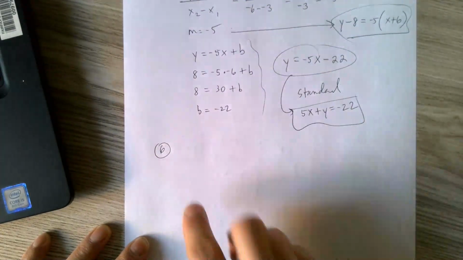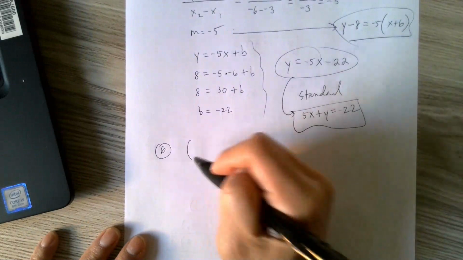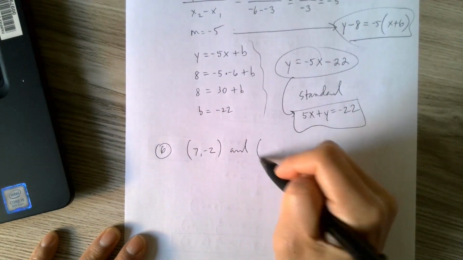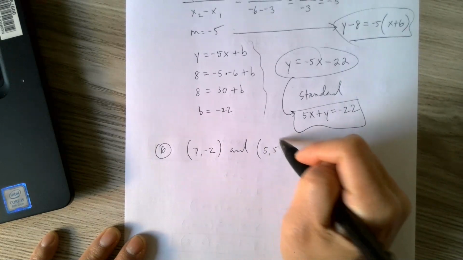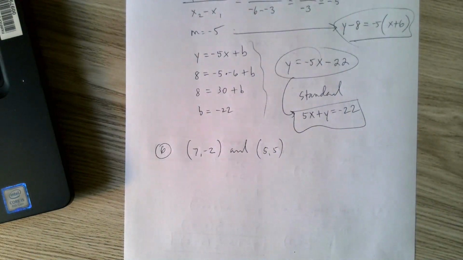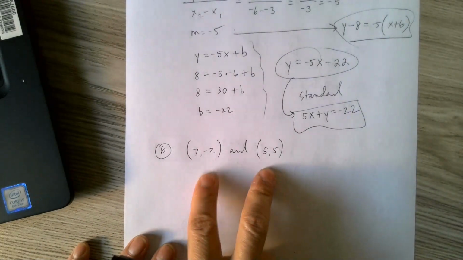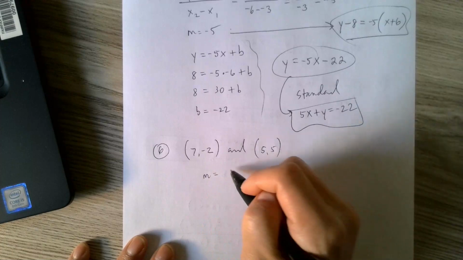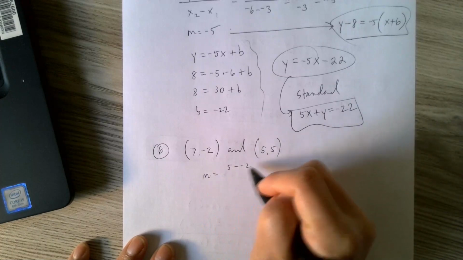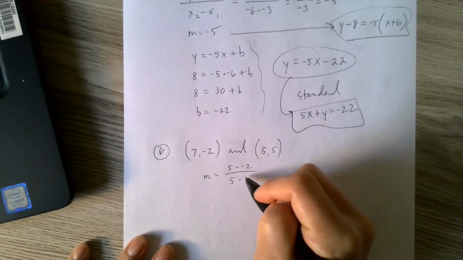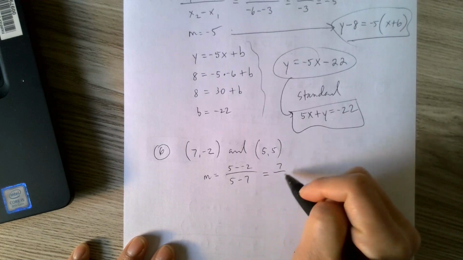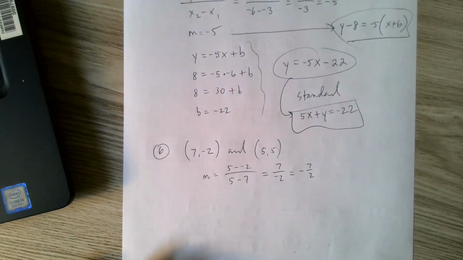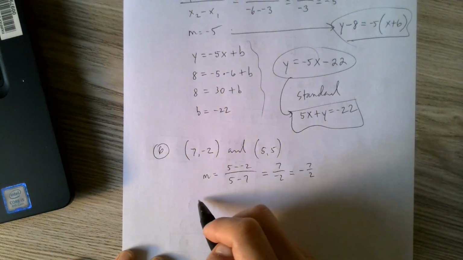Okay, one more example, same type as this, we're going to do. Okay, I don't give you the slope, but I give you 2 points, so let's find that slope. y2 minus y1, x2 minus x1. Okay, so -7/2. Let's put that slope in.